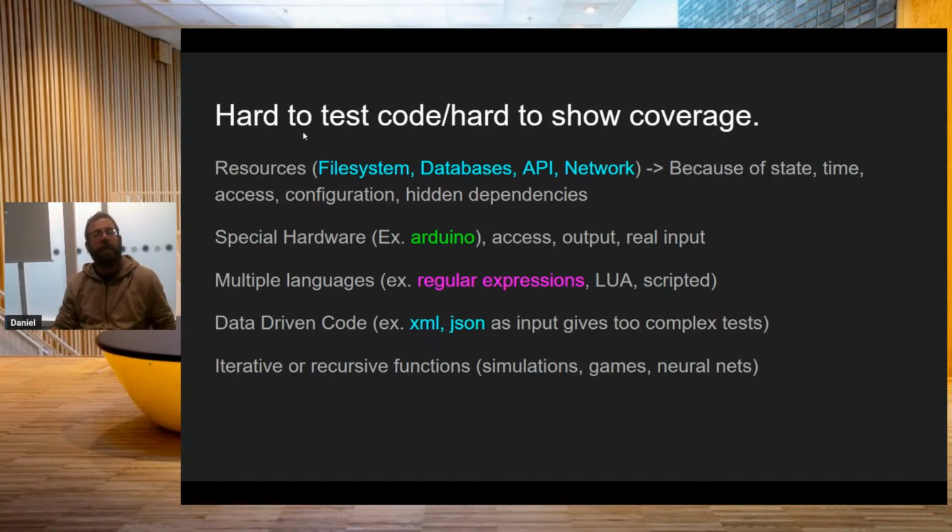The different experiences that I've had is that if you have a resource, like a file system for instance, this resource might not be available during tests. Imagine that you run it on your local system, you need the file system or the folders in the file system to be set up in the way that the code wants it to be in order to test it on your local system.